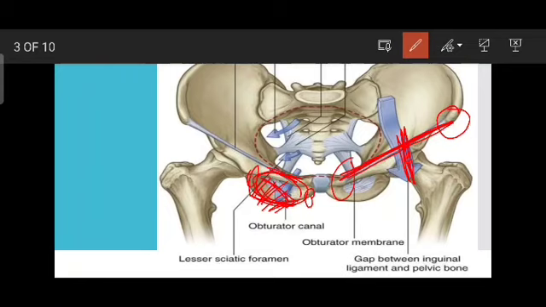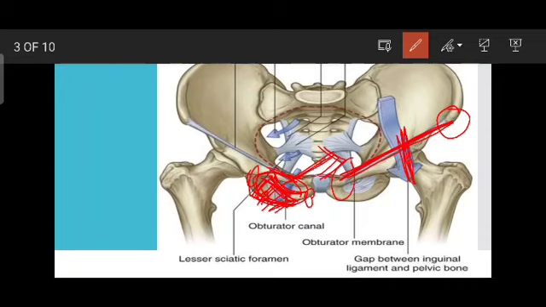In the upper margin of the obturator membrane we have some gap. This gap is the obturator canal.